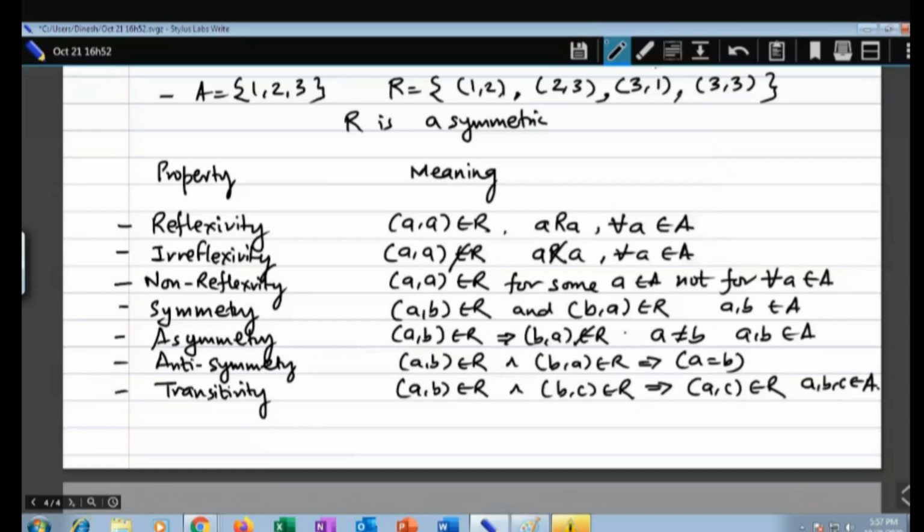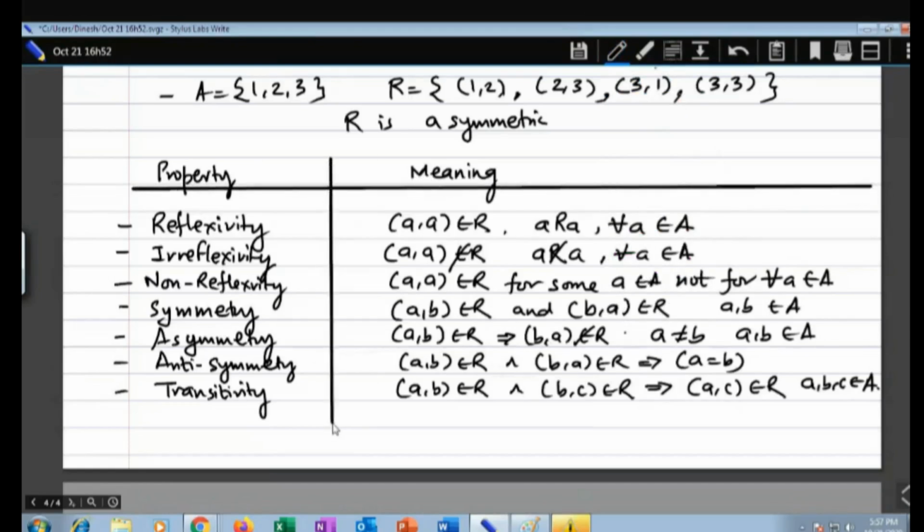So these are all the properties of relations on sets, and their meaning. Maybe you can use this for remembering, because most of the questions come directly: this is reflexive, this is not reflexive, this is symmetric, this is antisymmetric.